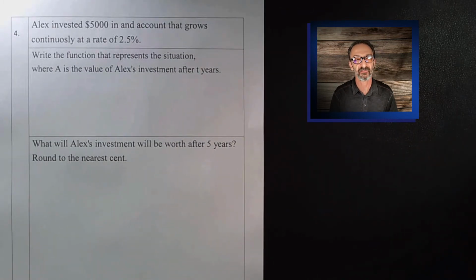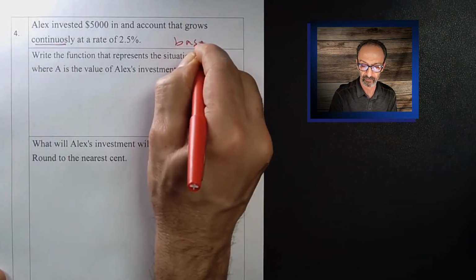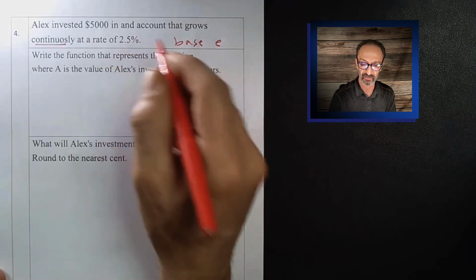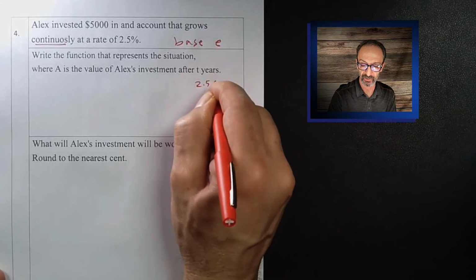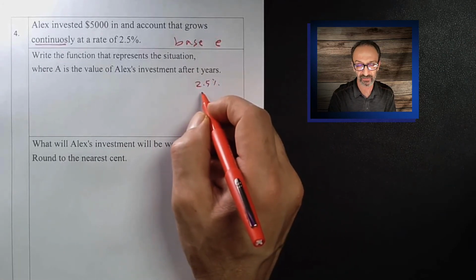Alex invested $5,000 in an account that grows continuously at a rate of 2.5%. Now, continuously means base e. And 2.5% should be converted to decimal. I know it looks decimal, but we need to write it as a decimal.